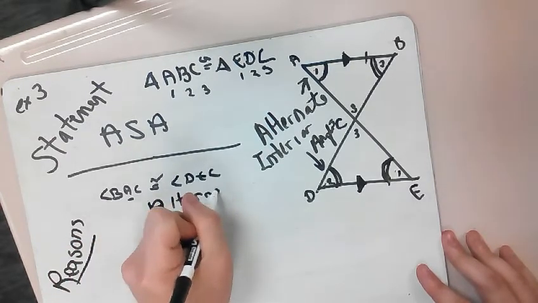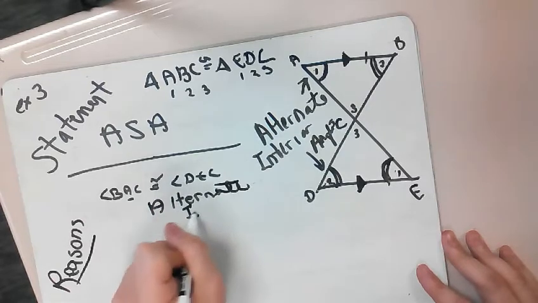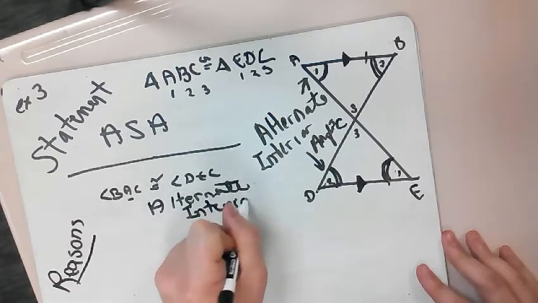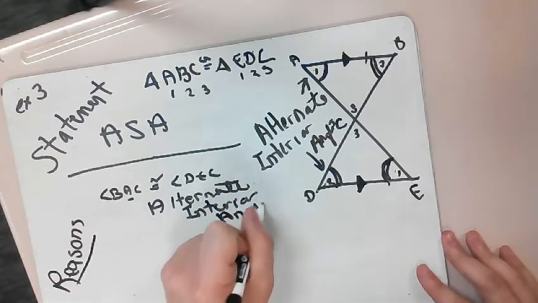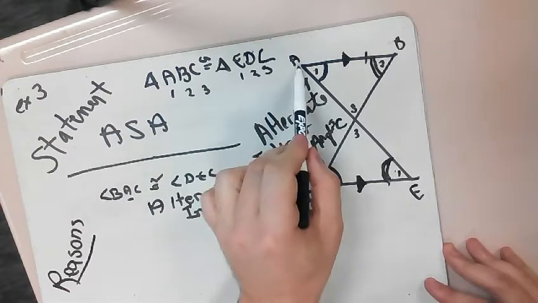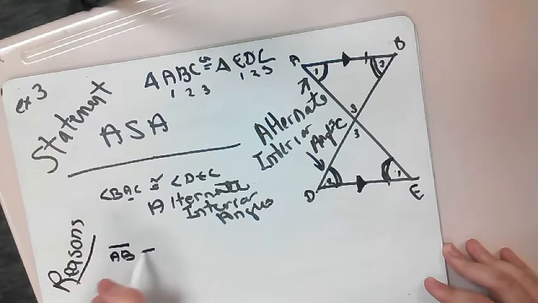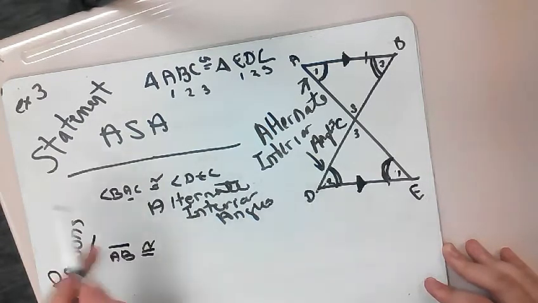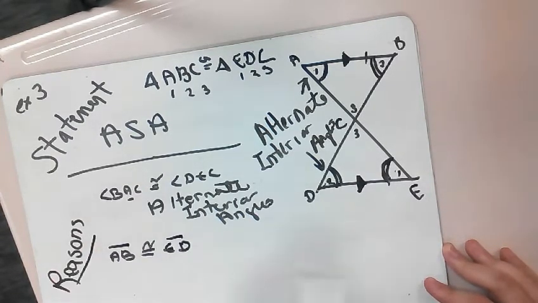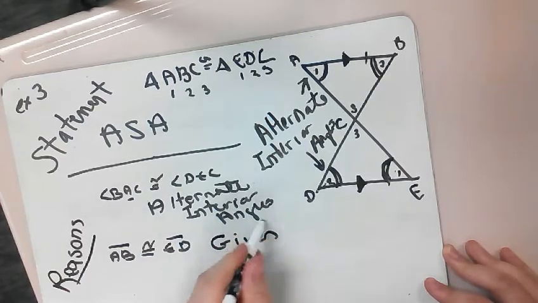You can abbreviate this to AIA if you like. Next, I know that side AB is congruent to ED, and that is because they told us. So it's given.